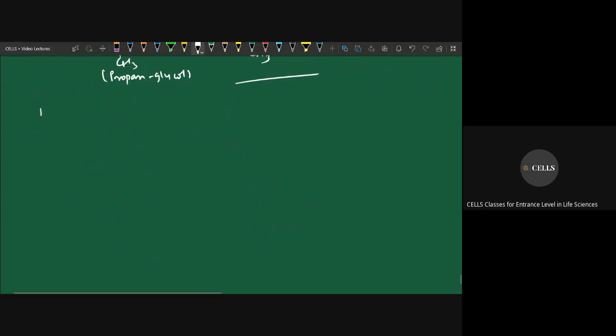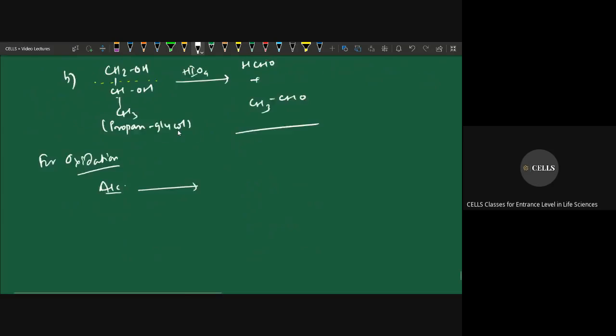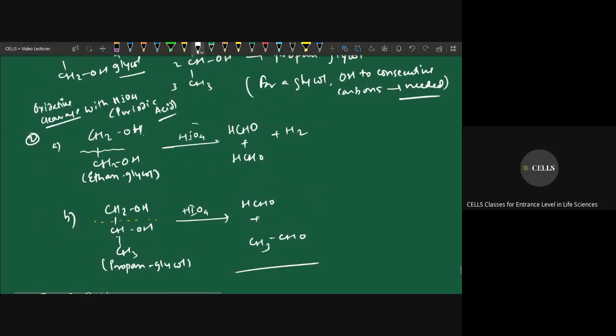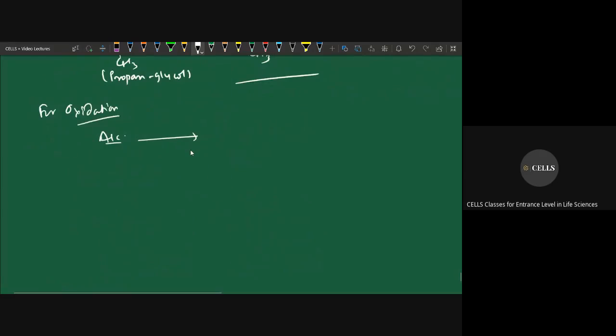Now, we have studied in our plus 2 level that HIO4 is actually oxidizing this alcohol to aldehyde, right? See this very carefully. If we oxidize an alcohol, mild oxidation will give you aldehyde.